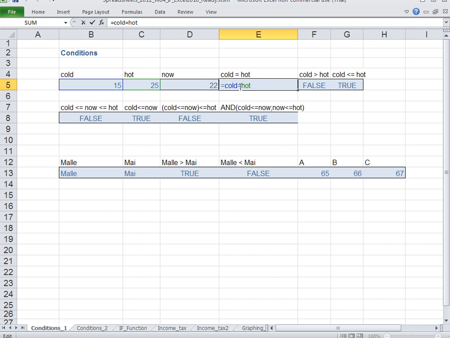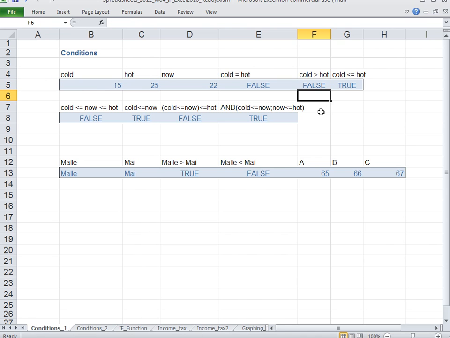So the second equals sign actually does the comparing, and since they don't equal, Microsoft Excel will return FALSE. The second example of a comparison would be, let's check whether cold is perhaps a bigger temperature than hot. We write equals cold bigger than hot, and since 15 is not bigger than 25, this again will be FALSE.